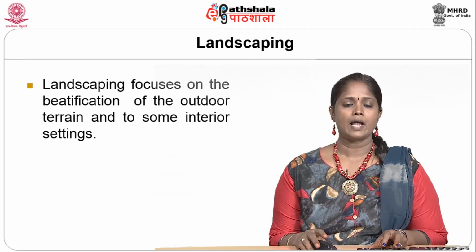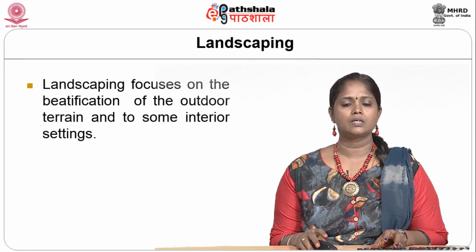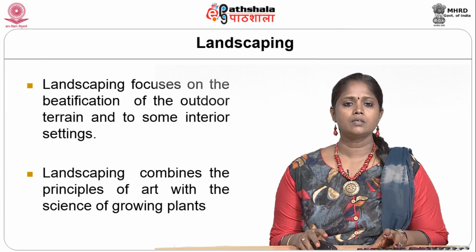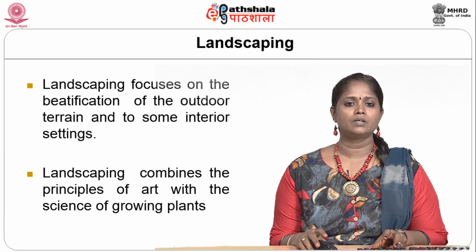What are the principles in landscaping? Landscaping essentially focuses on the beautification of the outdoor terrain and also some interior settings. It connects the outdoor and the indoor in a very simple form, and it combines the principles of art with the science of growing plants.